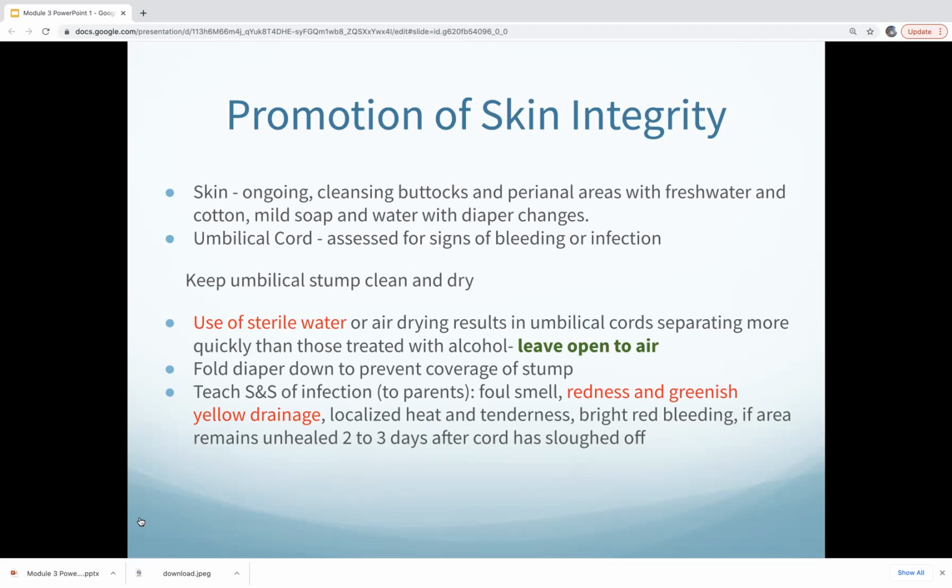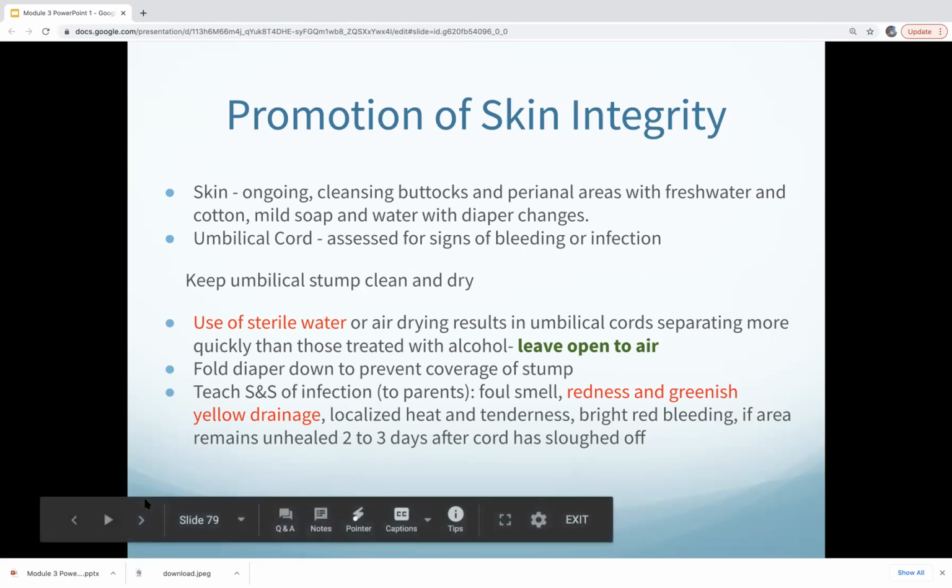If you do need to clean it, it's just sterile water, nothing else. Fold the diaper down to prevent any coverage of the stump so it can get to air, and monitor for signs of infection. Teach the parents what to let you know: any foul smelling odor, any green or yellow drainage, local warmth, temperature, redness, and if it's not healing.